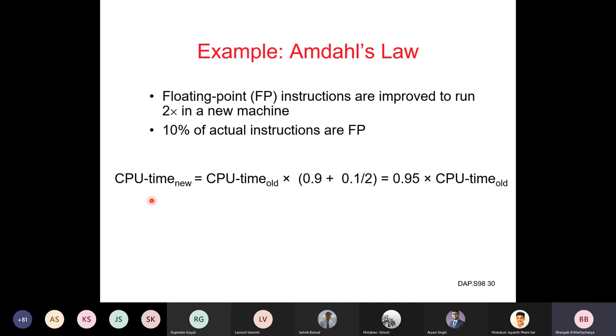So here is an example. Suppose we design a new machine where the floating point instructions are improved 2 times in the new machine. But floating point instructions comprise only 10% of the total number of instructions. So what would be the improvement in the new machine? You apply Amdahl's law here.